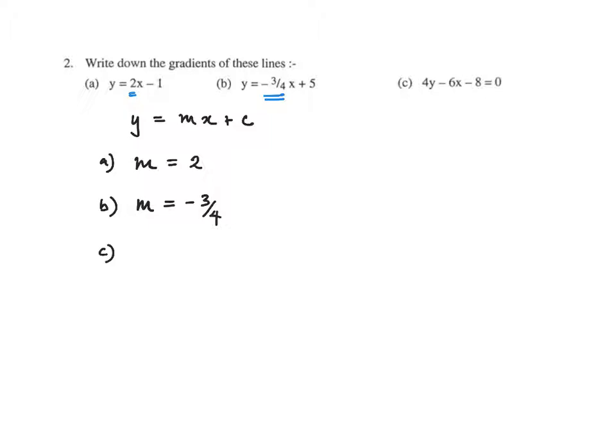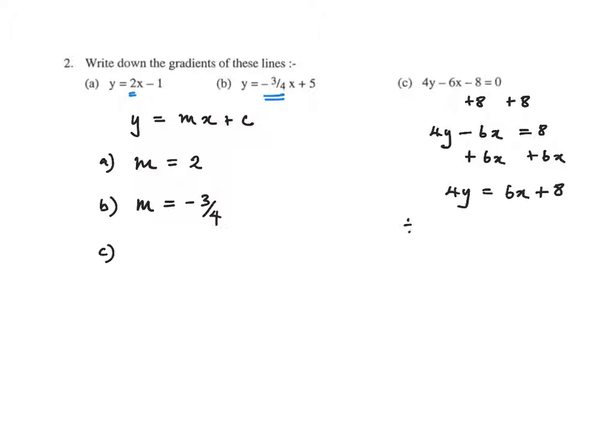Part C is not in standard form. What I'm going to do to get it into standard form is first of all add 8 to both sides. So 4y minus 6x equals 8. Then I'm going to add 6x to both sides. So 4y equals 6x plus 8.